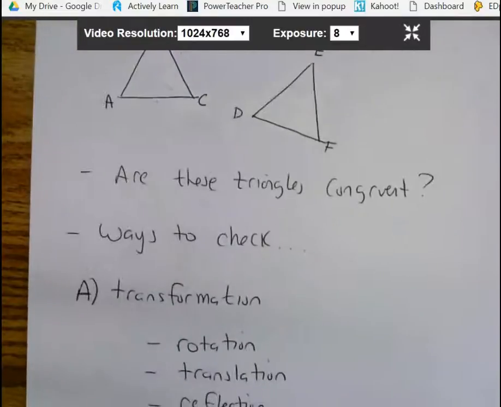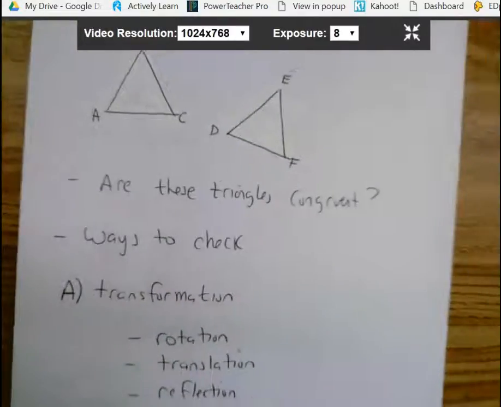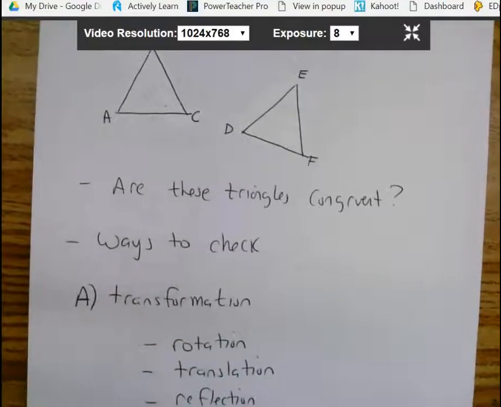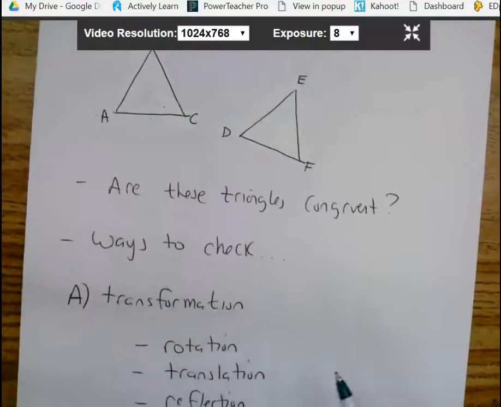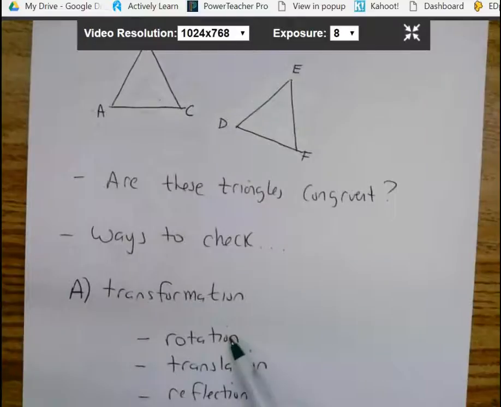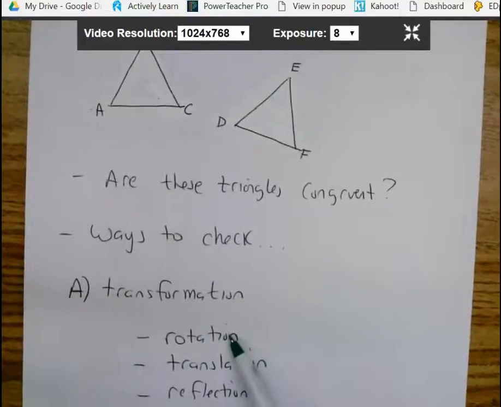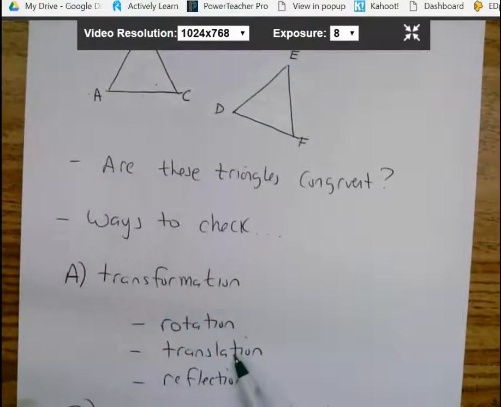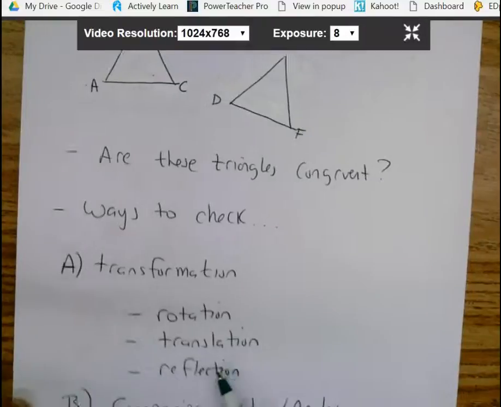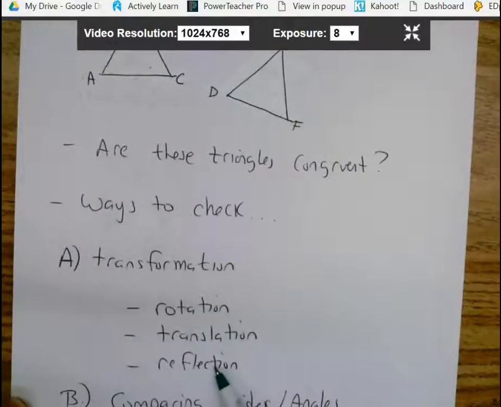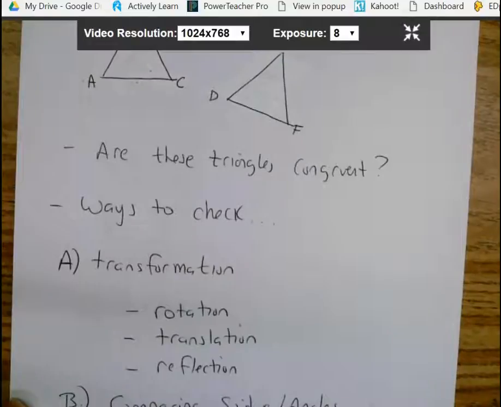So one common way is something we've been doing, and that is transformations. So if you remember, some examples of transformations are rotations about an axis or an origin. Translation is moving it from one spot to the other based on a specific x and y for each point. They move the same. And then a reflection would be about an axis, so maybe the x-axis, the y-axis, maybe y equals 3, x equals 2, whatever it is, but we reflect that about that axis, and that's called a reflection.